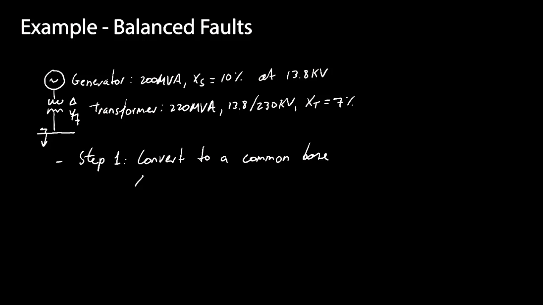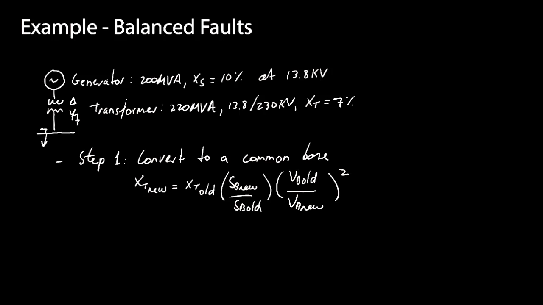So again, using the same equation that we used before, XT new is going to be equal to XT old times SB new over SB old times VB old over VB new, all of this squared.